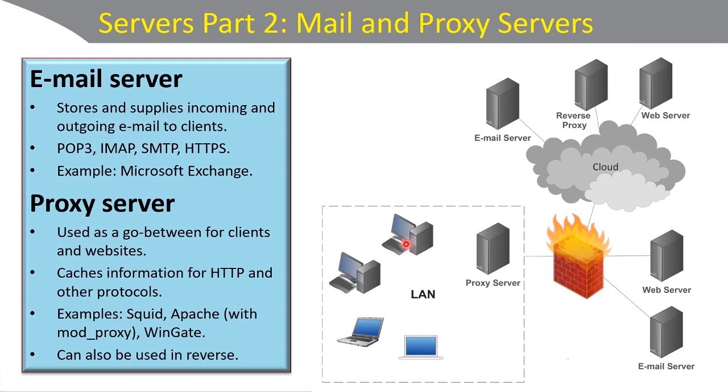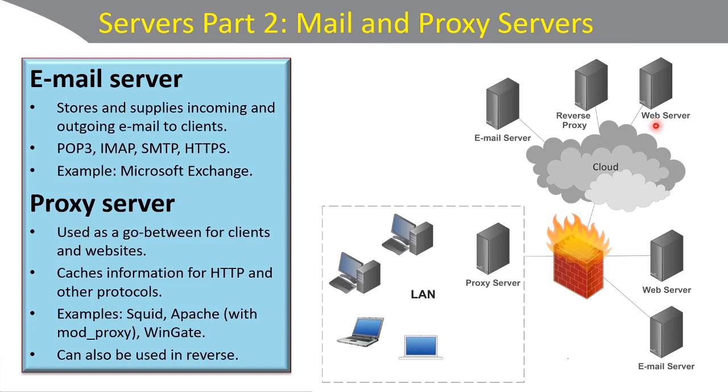This way, the clients are unaware of the web server's actual identity. Reverse proxies can also be used for encrypting the web session through the internet, and also load balancing, where client requests can be distributed to multiple web servers.